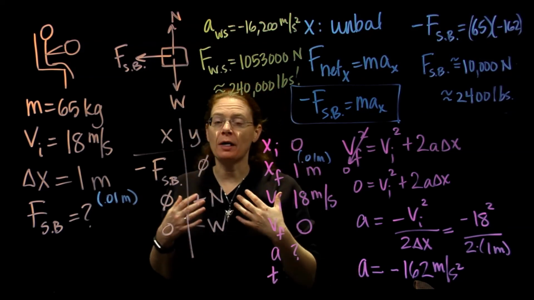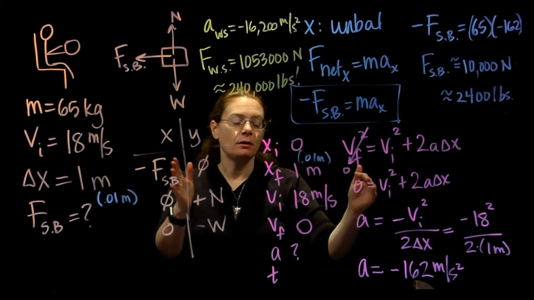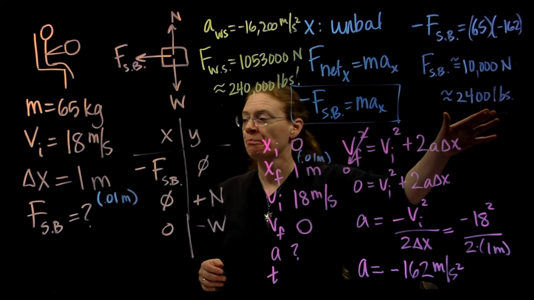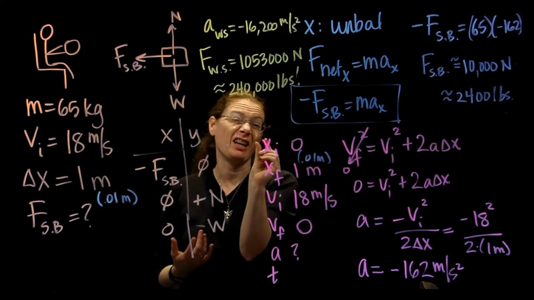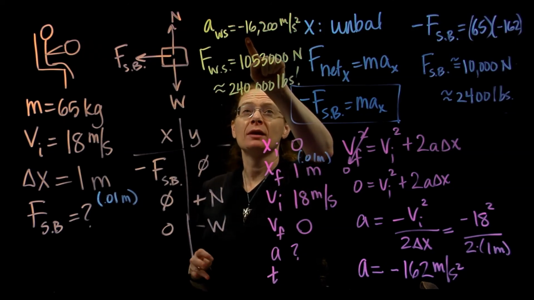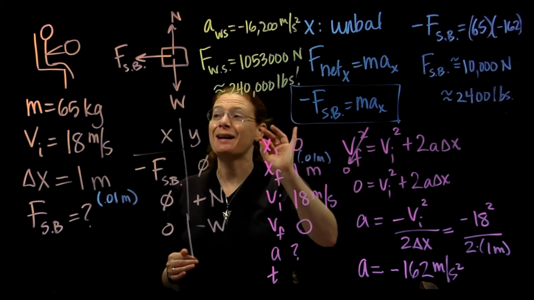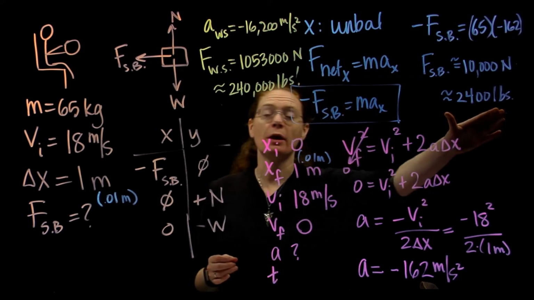So if the seatbelt brings you to a stop over 1 meter, then your acceleration is smaller, the force exerted on you is smaller. The windshield brings you to a stop over 1 centimeter, that's squishing your head pretty much. The windshield's stopping you with an acceleration that's 100 times bigger, which means the force on you is 100 times bigger. Seatbelt, about 2,400 pounds.